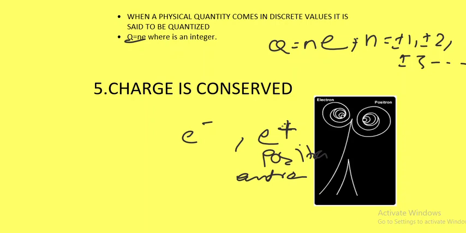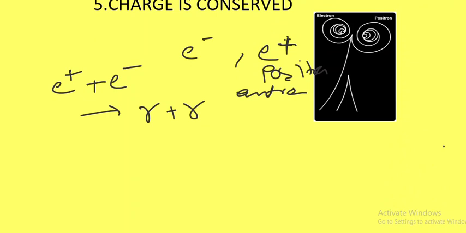When you take an example of this annihilation process, that is, when we annihilate the positron and the electron, they give rise to two gamma particles. And how this applies to our conservation principle is in the following way.